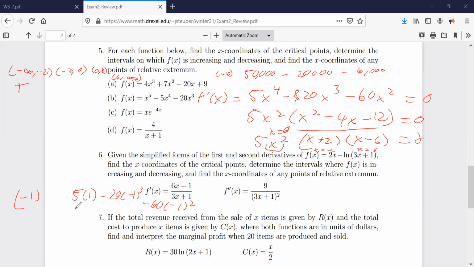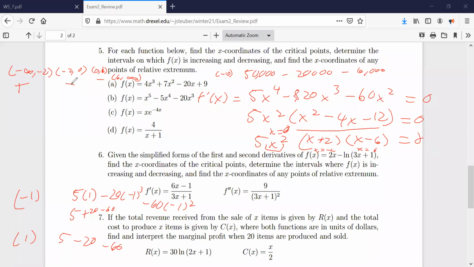So this is 5 plus 20 minus 60, which is negative. If I plug in 1, I will get almost the same thing, but it's going to be 5 minus 20 minus 60. So that's actually a bigger negative.